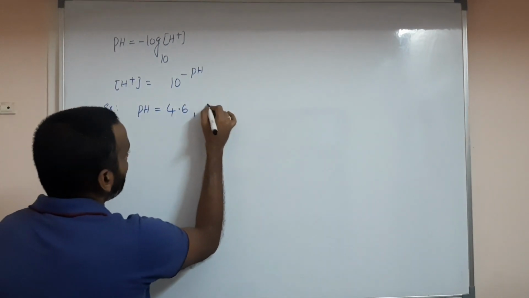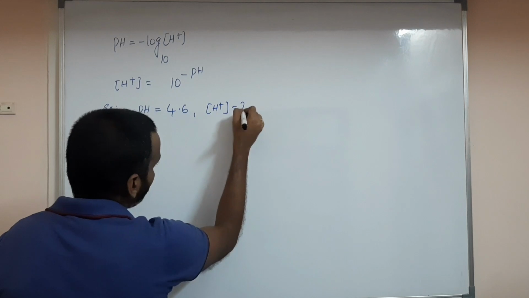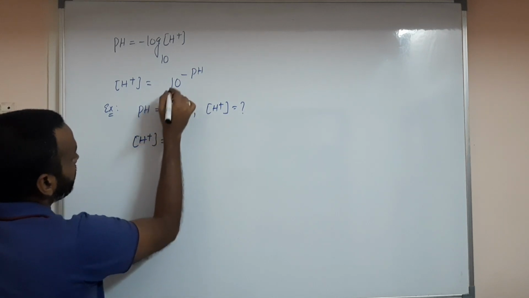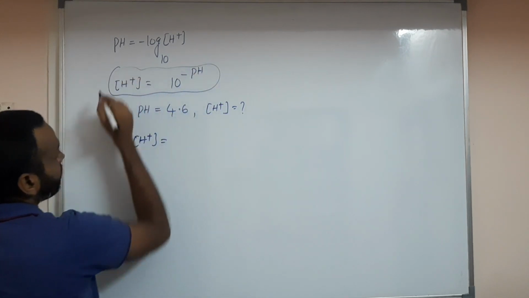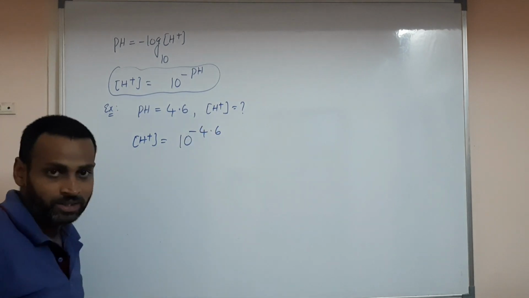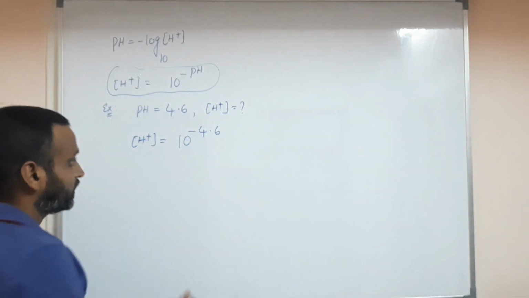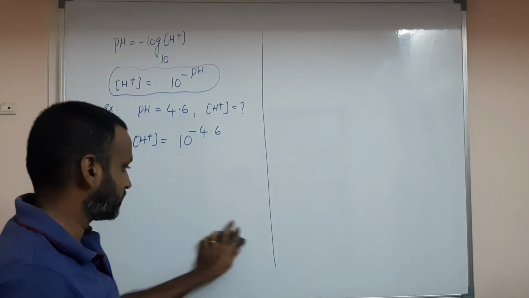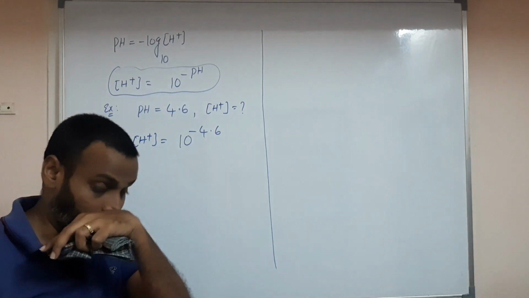Then what is the concentration of H plus? A simple example I am giving. From this formula, it's 10 power minus 4.6, right? Now you know all the pH values already.